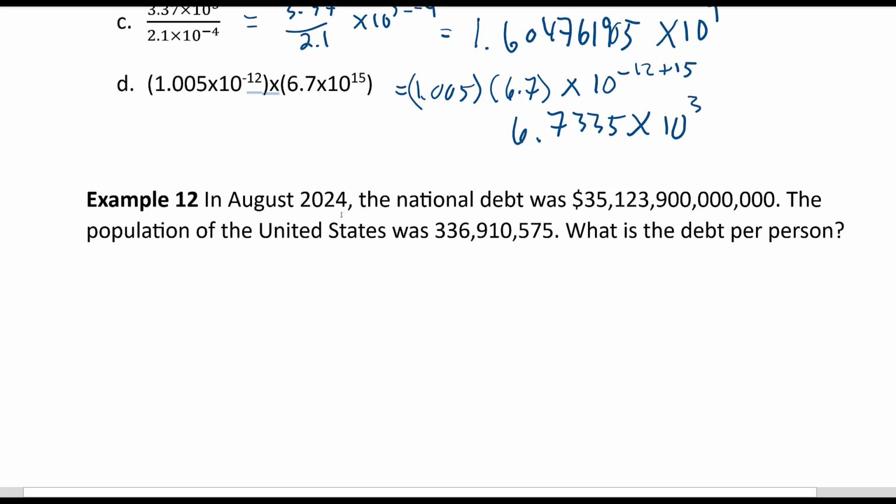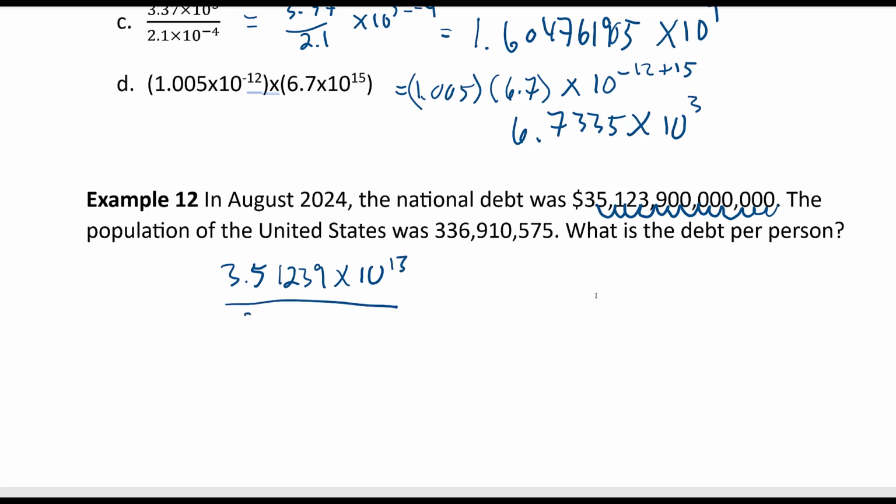In August 2004, the national debt was 35,123,900,000,000. The population of the United States was 336,910,575. What is the debt per person? So we take this, it might be easier to write this in scientific notation, so 3.51239 times 10 to the 1, 2, 3, 4, 5, 6, 7, 8, 9, 10, 11, 12, 13.